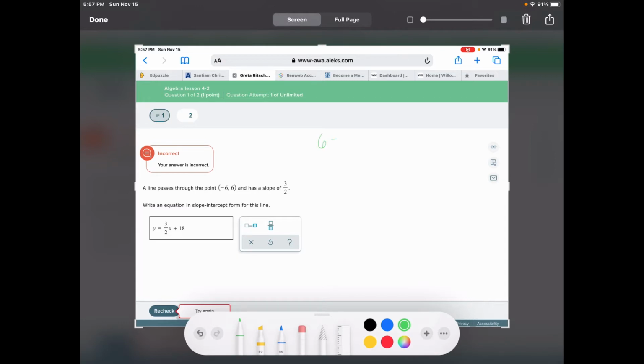6 equals 3/2 times -6 plus b. 6 equals -18/2. Oh, I did my fraction wrong.